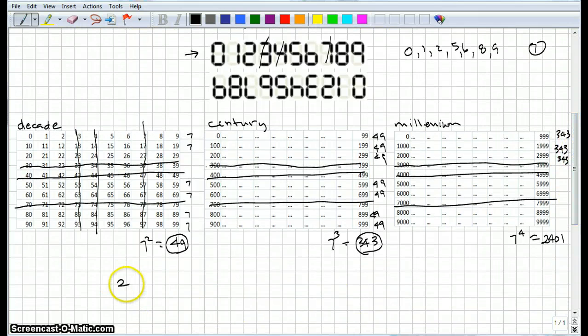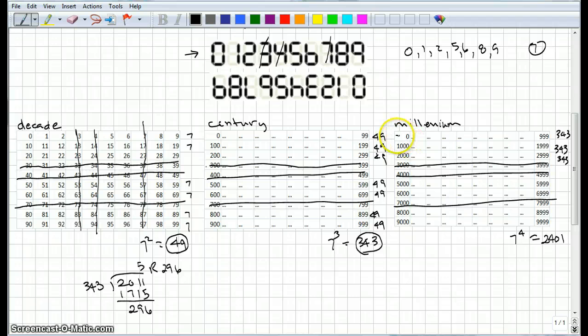So if we take 2011 and we divide it by 343, we end up getting 5, which is 1715, with a remainder of 296. So that tells us that we're going to go through 5 full millennia and 296 more.